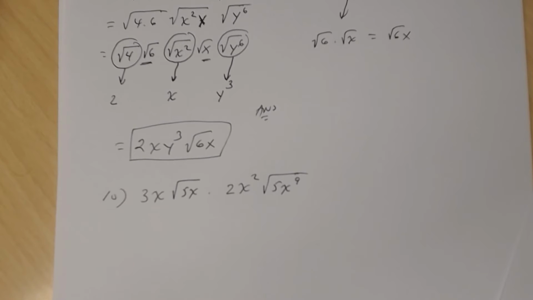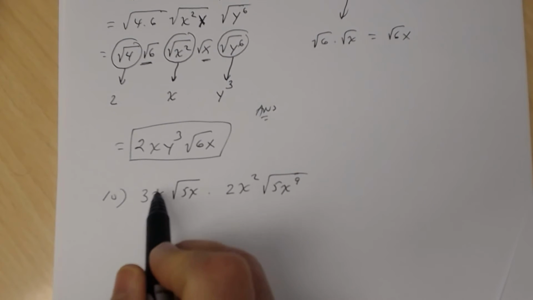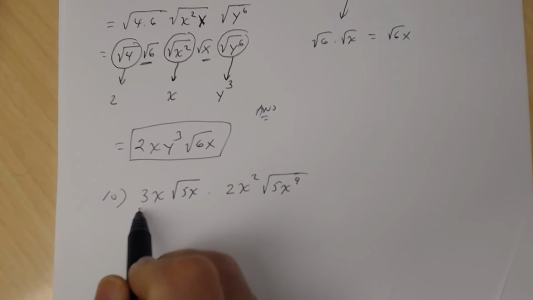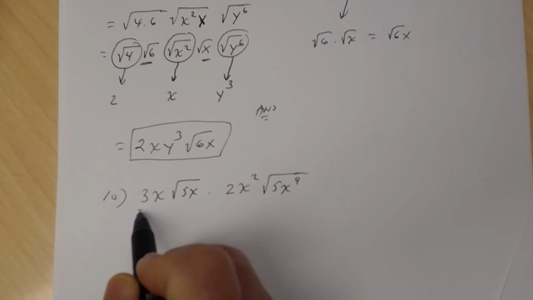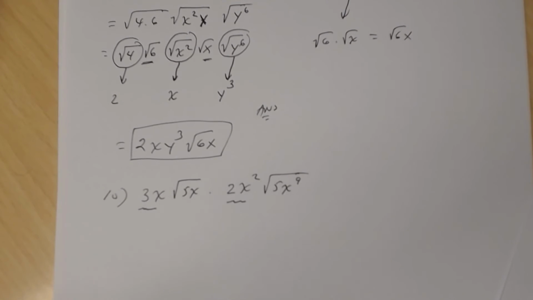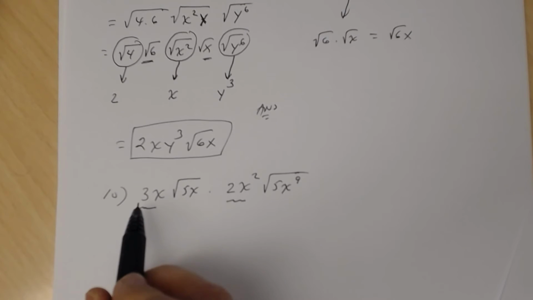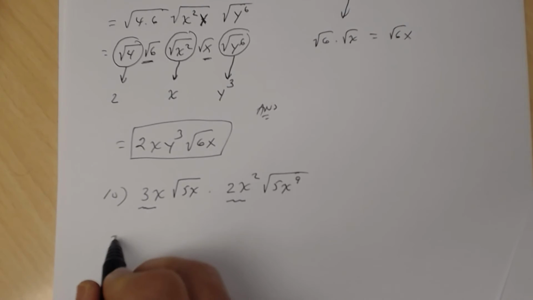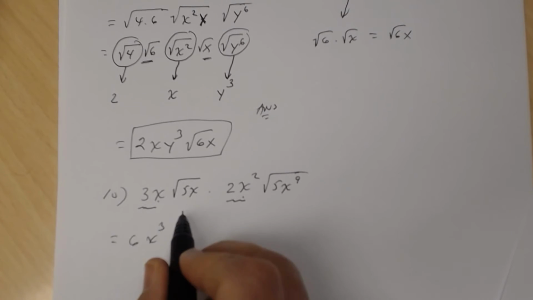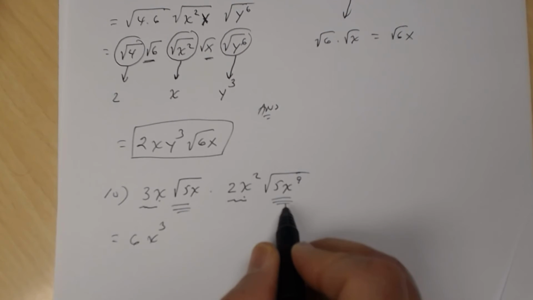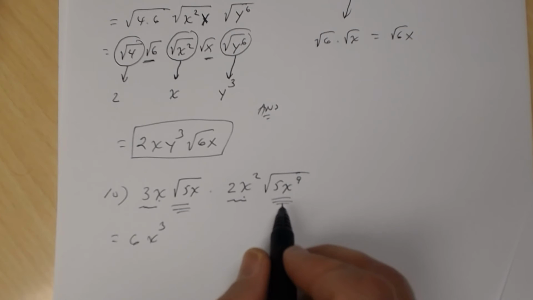Okay, so what I'm going to do first of all is look at these factors that are not under a square root. So this 3x and this 2x squared, and I'm going to multiply them together. So 3 times 2 is 6. X times x squared is x cubed. And I'm going to rewrite the product of these two radicals as one radical.